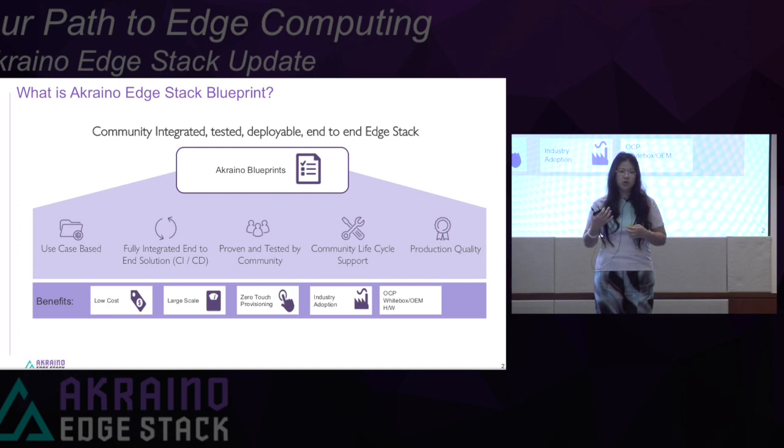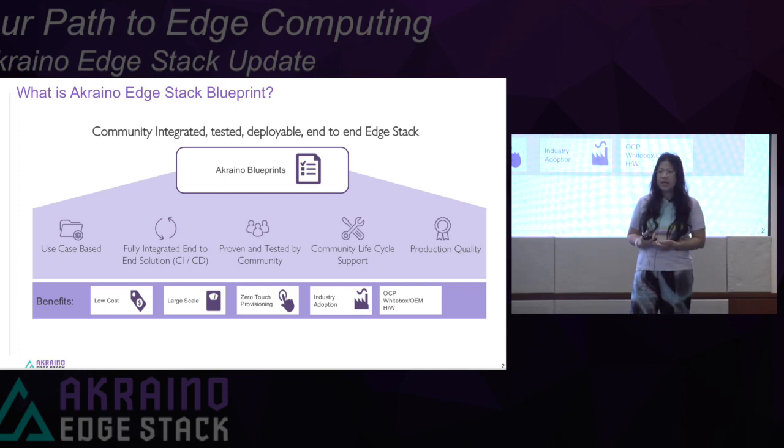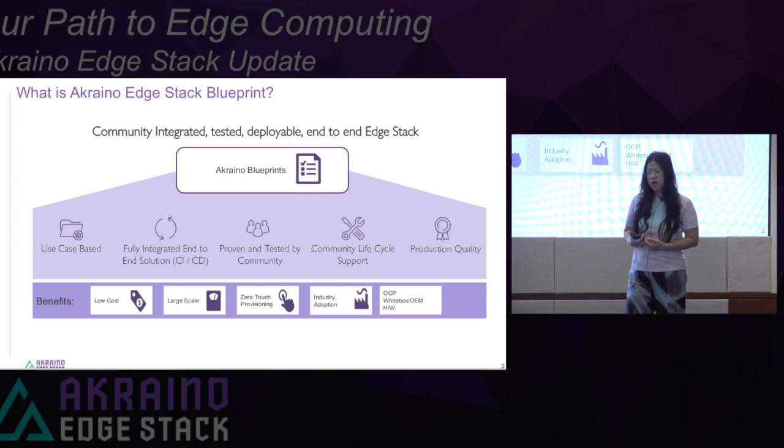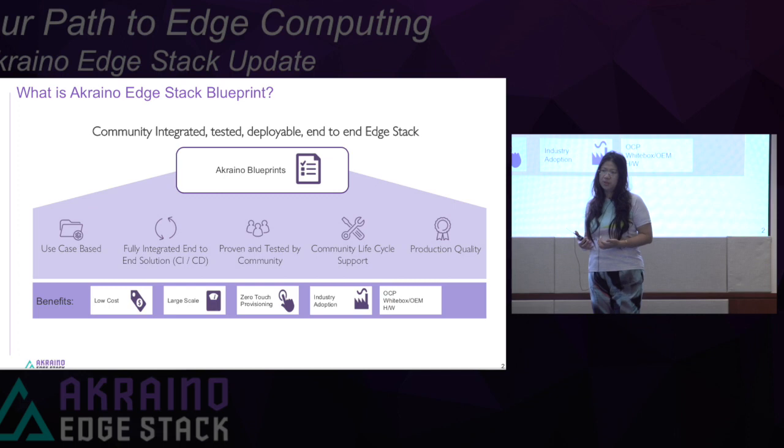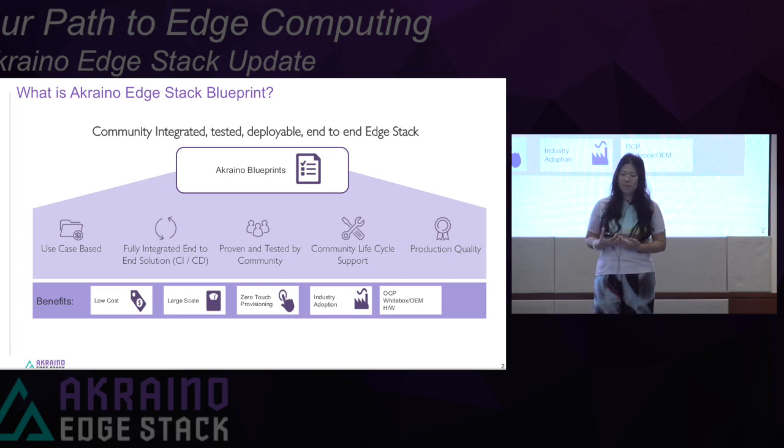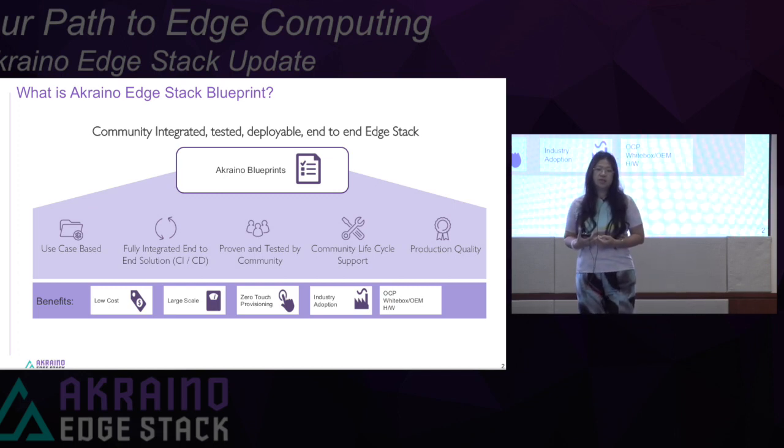You can adopt it for the industry, like Elliott, Edgelight, the IoT Blueprint family, and ICN. It has been adopted by multiple industries. Finally, when you talk about the hardware, we use OCP, white box, and OEM hardware.